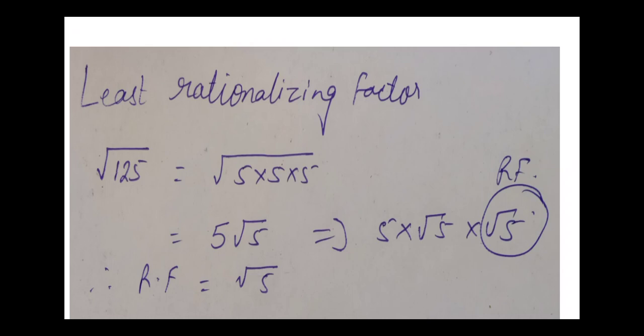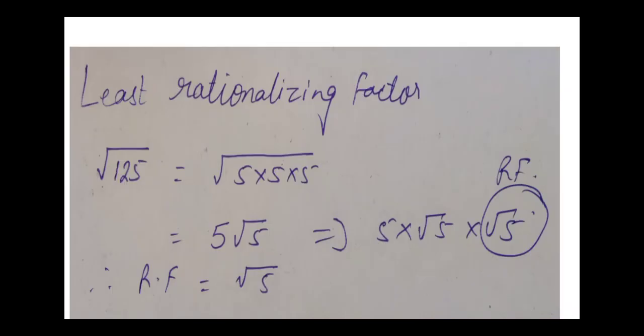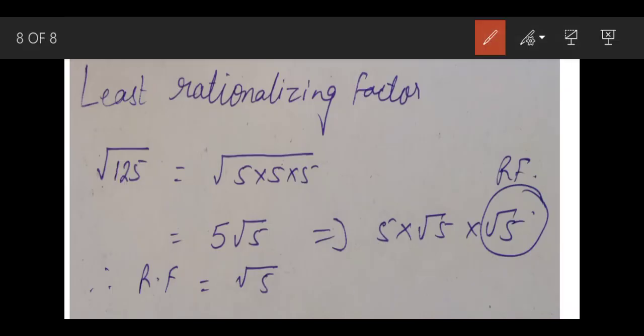So, first of all, we have to find the factors. Root 125 can be written as under root of 5 into 5 into 5. Out of these two 5s, one 5 will come out and it will become 5 root 5. Now find the rationalizing factor of 5 root 5.